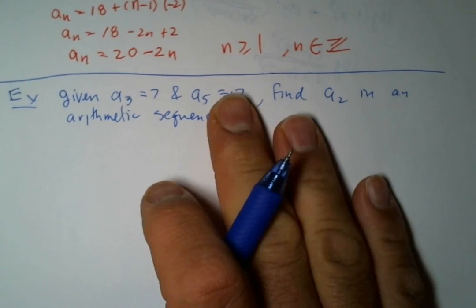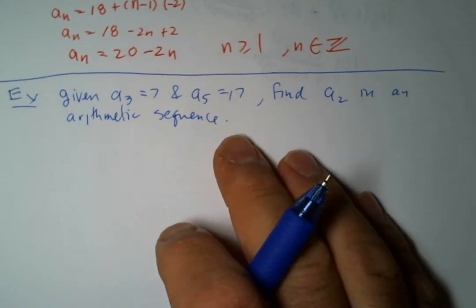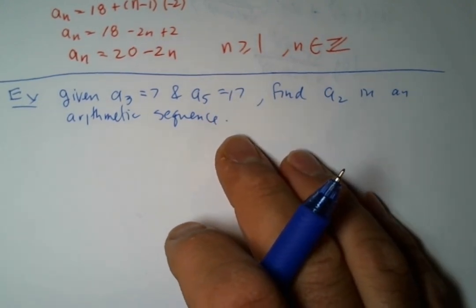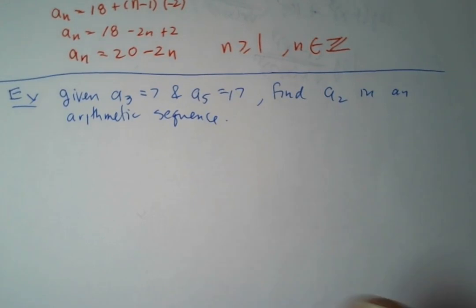So the best approach that I like to do is just to find the explicit formula. That way, when we do find the explicit formula, I can just plug in the 2 and find whatever A2 is going to be.